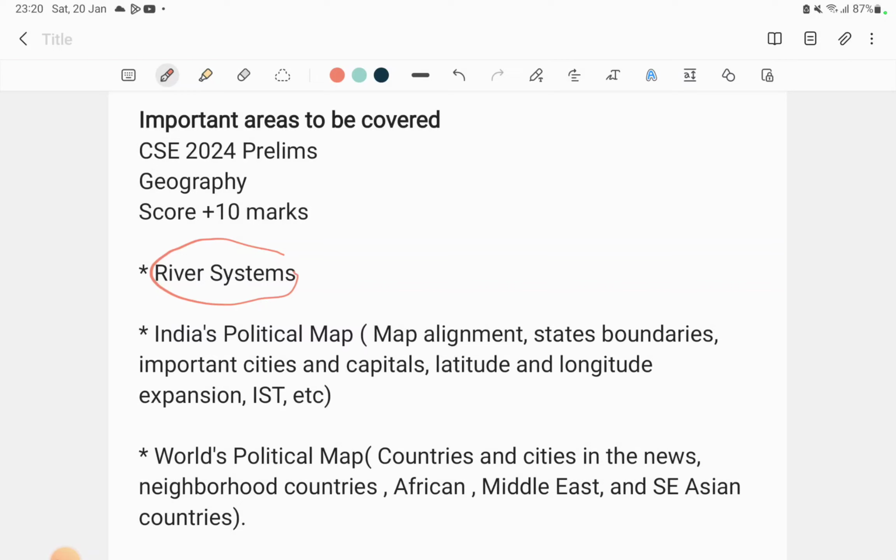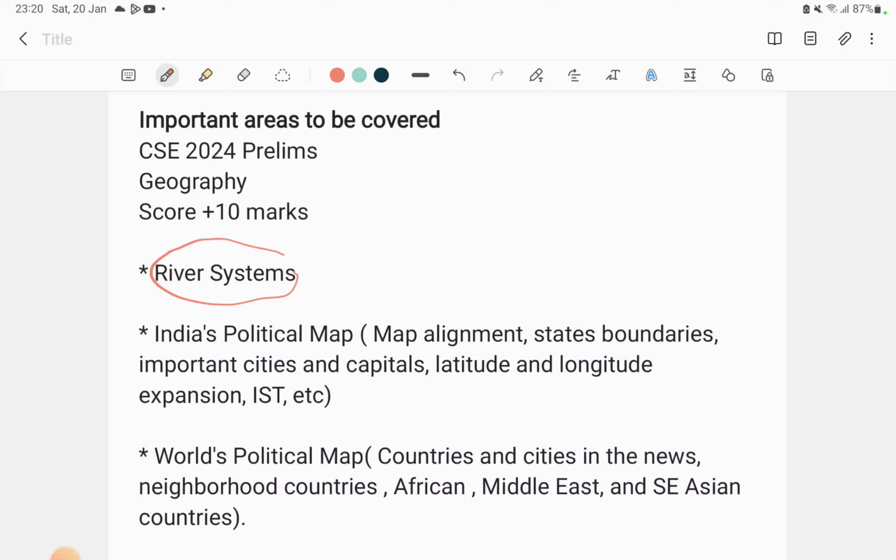Prepare main river systems thoroughly: Indus, Brahmaputra, Ganges, or Godavari, Krishna, Kaveri, etc. So peninsular rivers and Himalayan river systems, you should be reading about their origin, the states in which they lie, left bank tributary, right bank tributary, etc. And you should have a bare idea about the position of the river on the maps.